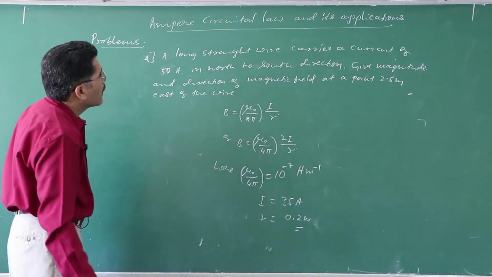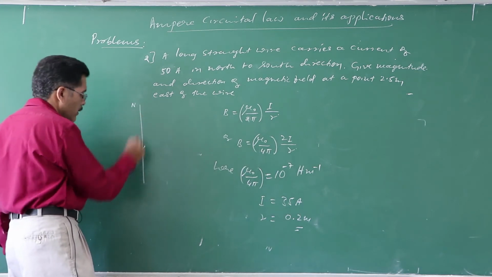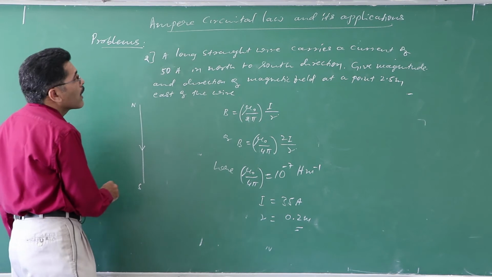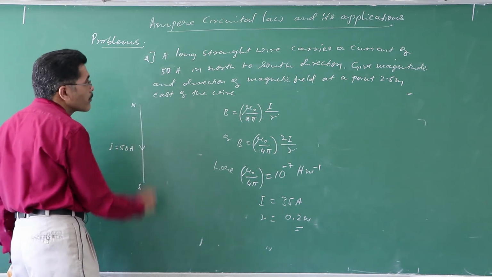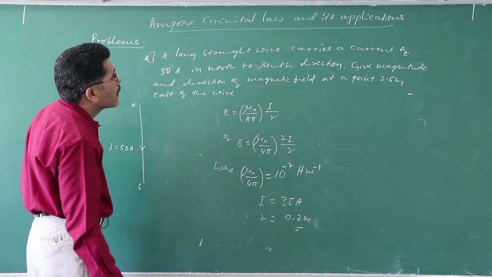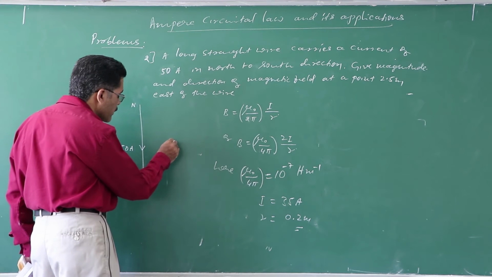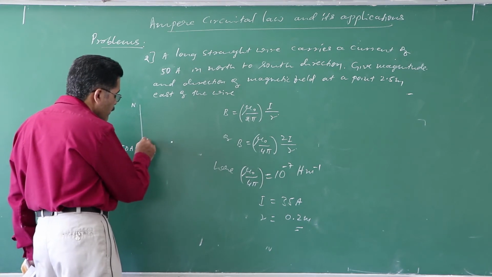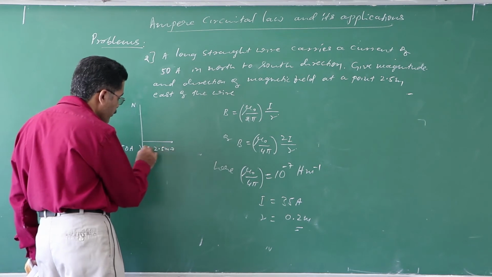Here current flows from north to south like this. This is north, this is south. The current I is equal to 50 ampere. Let there be a point here in the east, at a distance of 2.5 meter.